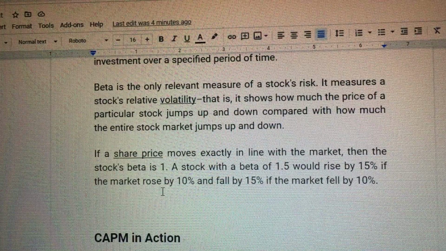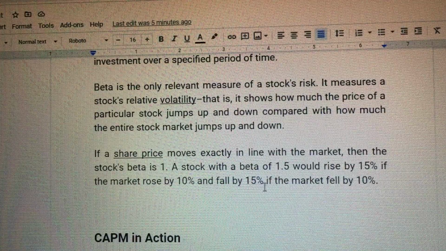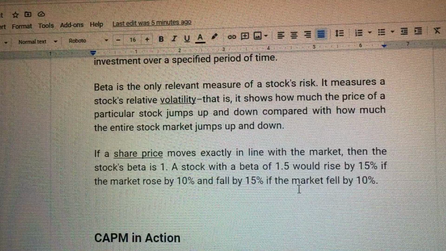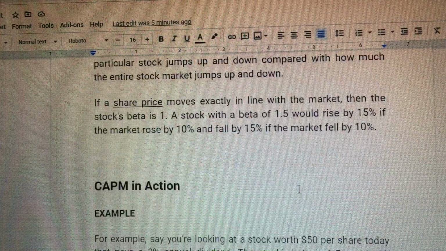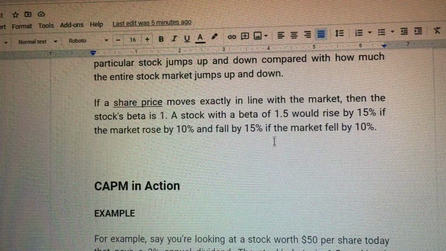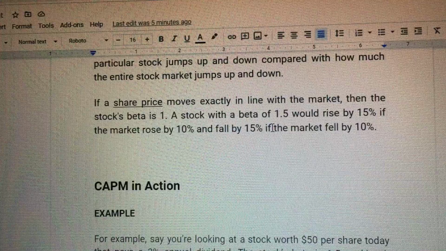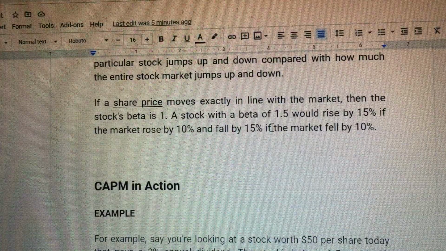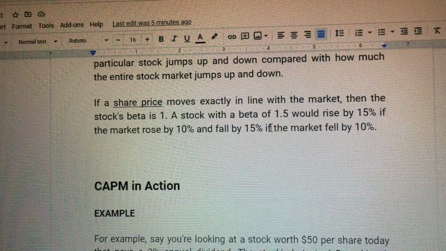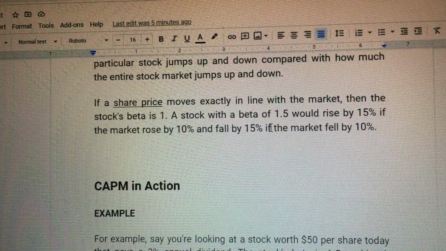if the market rose by 10% and fall by 15%. A stock with a beta of 1.5 would rise by 15% kung musaka pud ang market price of 10%.